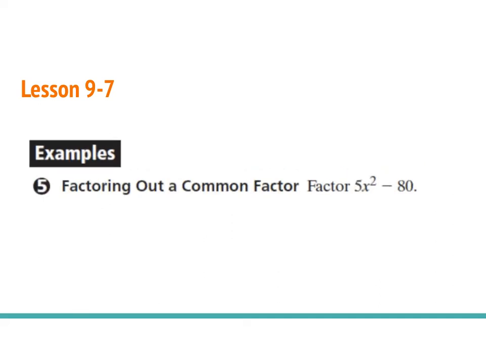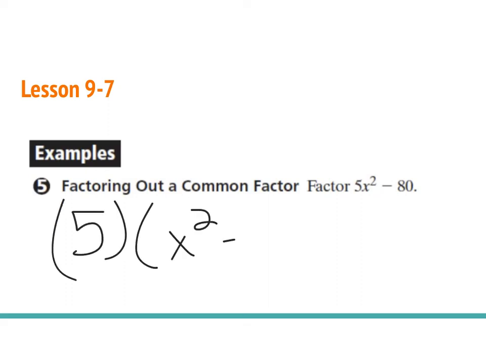In our last example, we noticed that 5x squared is not a perfect square, is it? And 80 is not a perfect square either. However, I'm sensing a GCF of 5. If I factor out a 5, I'm now left with x squared minus 16, which is the difference of two perfect squares, right?